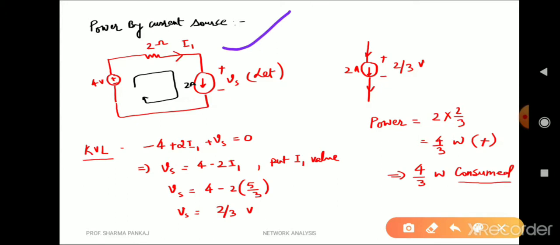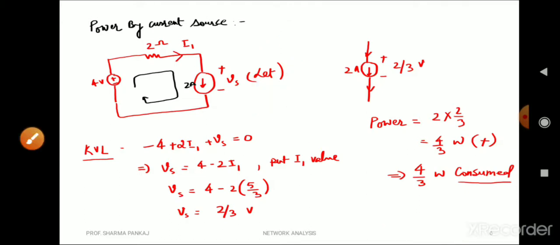The technique of finding power delivered or consumed by a current source is that we assume an arbitrary voltage across that current source. This is our assumption: let there exist voltage Vs across this 2 ampere current source, as shown in the diagram.